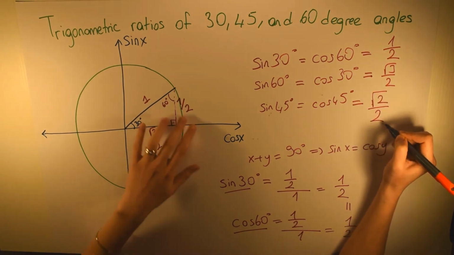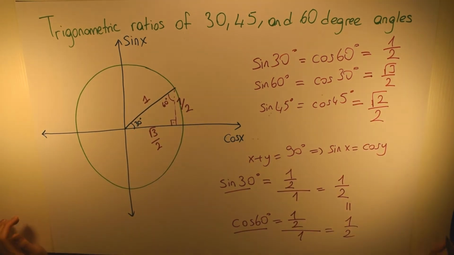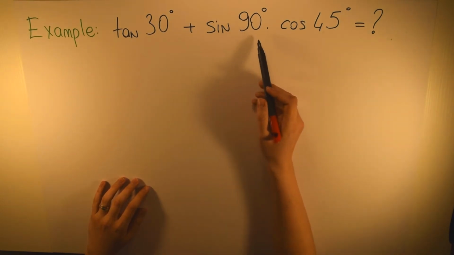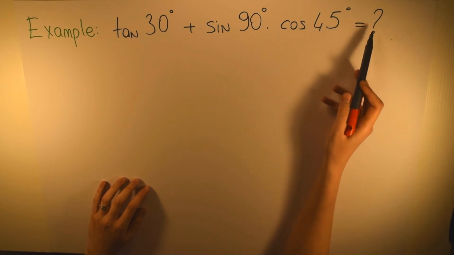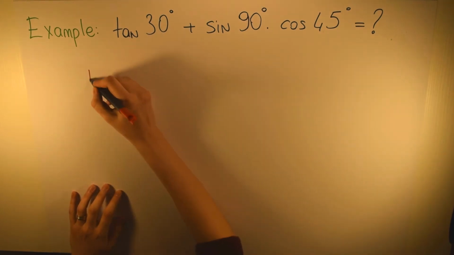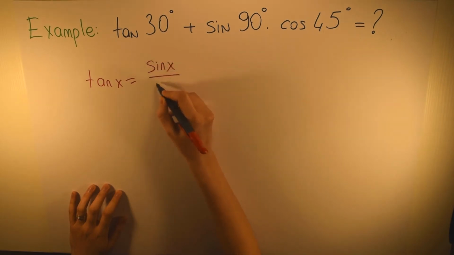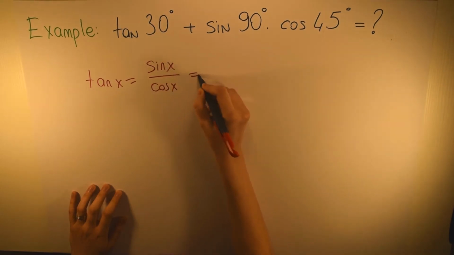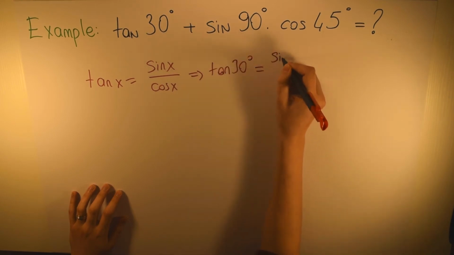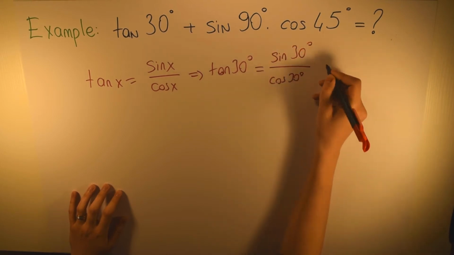If you draw your right triangle, you will find these values. In this example, we are asked for tangent 30 degrees plus sine 90 degrees times cosine 45 degrees. How do we find the value of tangent 30 degrees? We know that tangent x is equal to sine x over cosine x, which means tangent 30 degrees is equal to sine 30 degrees over cosine 30 degrees.